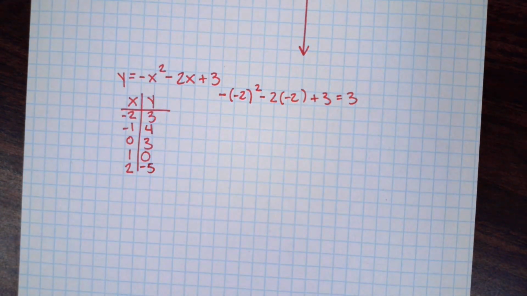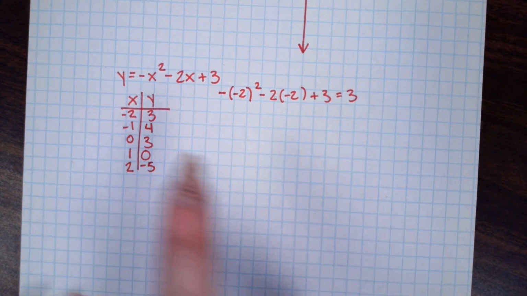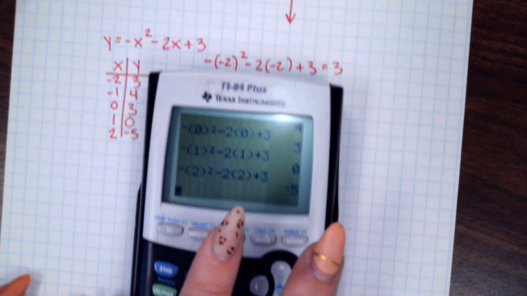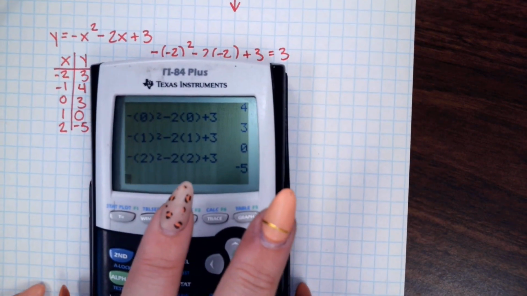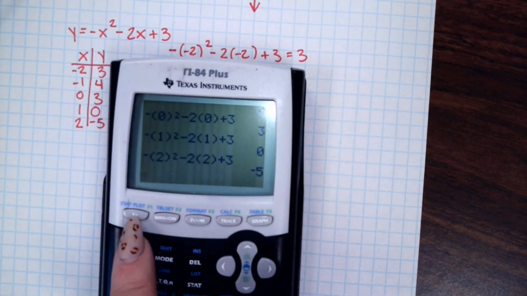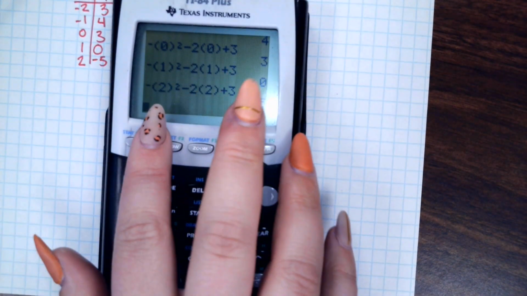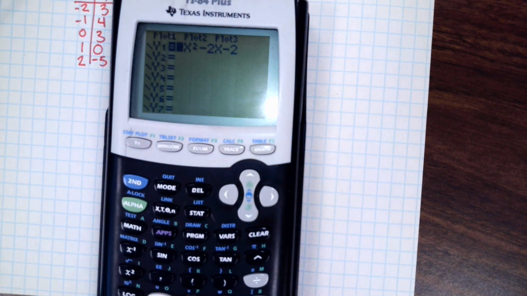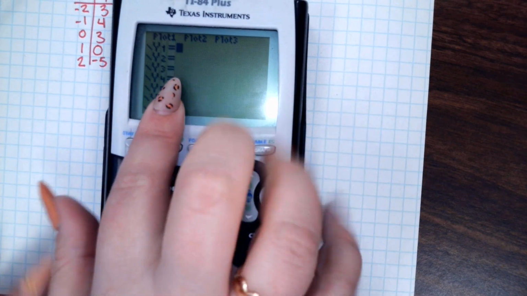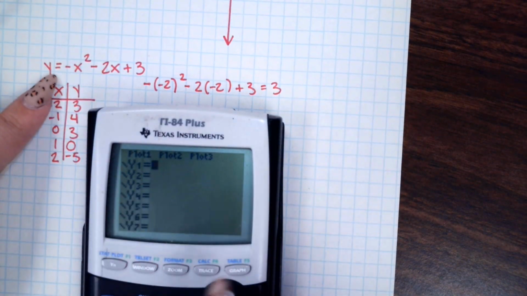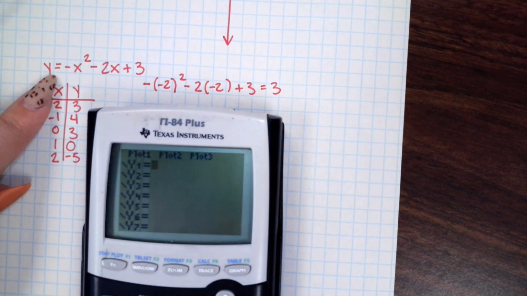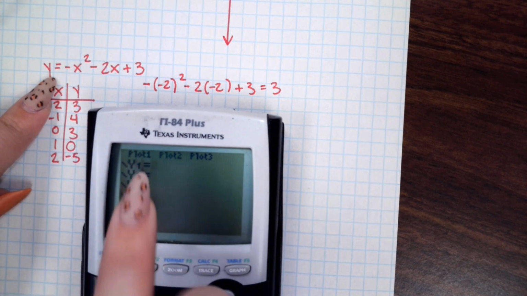All right, before we graph this one, I want to show you another way to very easily see your table of values. So the first thing we're going to do is go to y equals. So we're going to hit this y equals button here. Let me clear this out. In the first y equals, we are going to input our quadratic equation. We don't need the y equals part because that's already there.